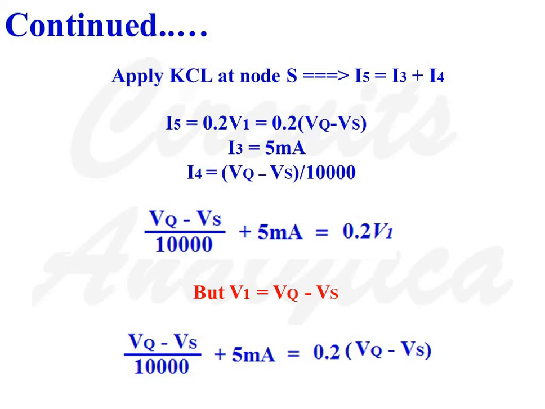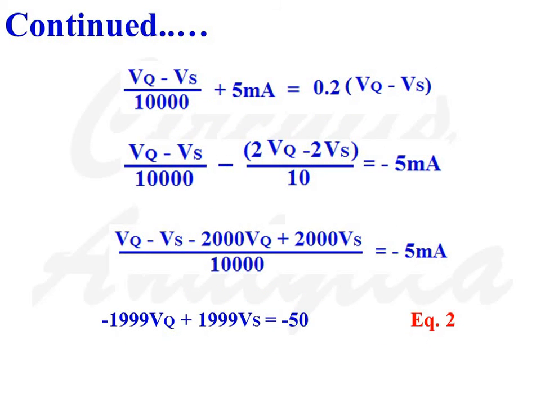But V1 is equal to VQ minus Vs. Therefore, VQ minus Vs the whole divided by 10,000 plus 5 milliampere is equal to 0.2 into VQ minus Vs. Rearranging the terms, we will get VQ minus Vs the whole divided by 10,000 minus inside bracket 2VQ minus 2Vs by 10 is equal to minus 5 milliampere.